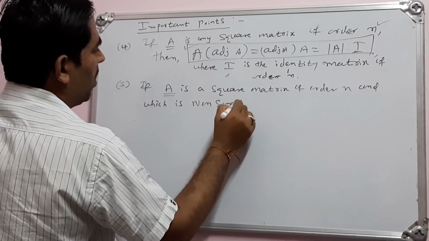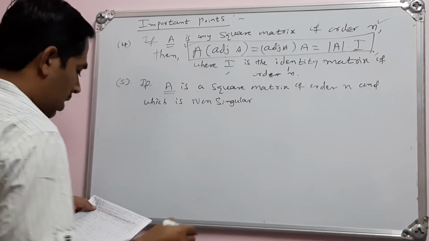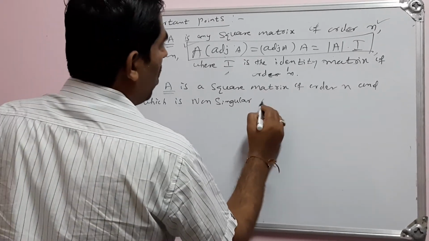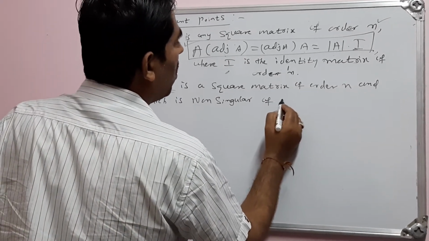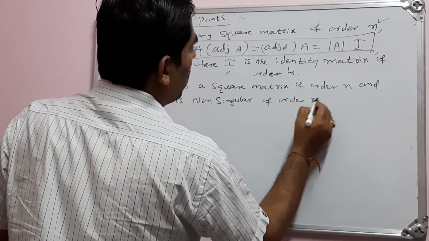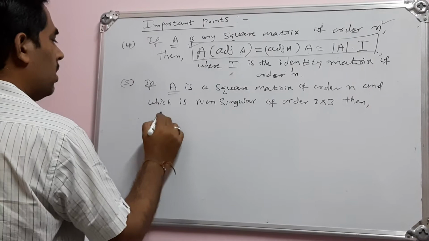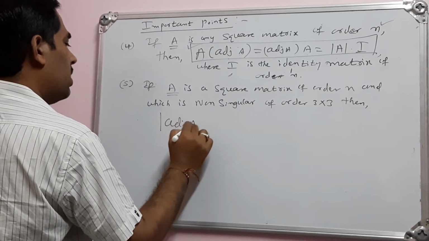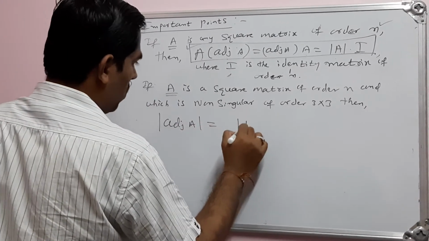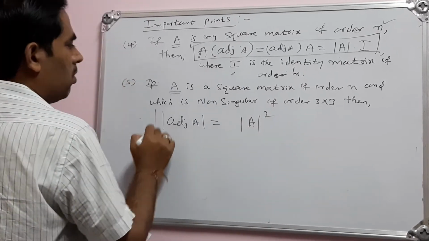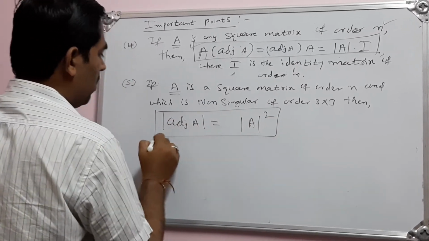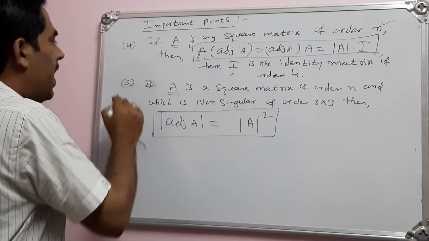See, this is very important. Which is non-singular, of order 3 cross 3, then we have determinant of adjoint A is equal to, see, determinant of A whole square.